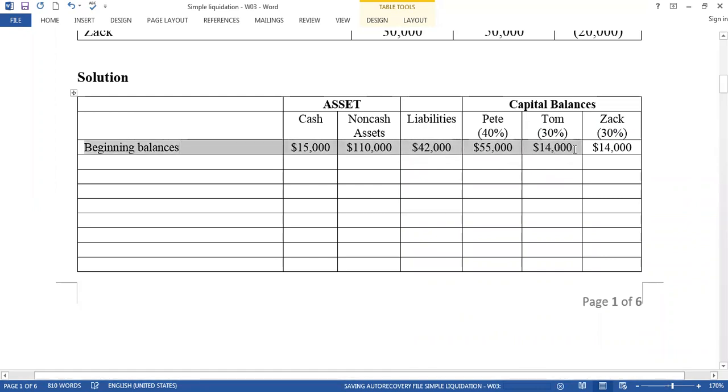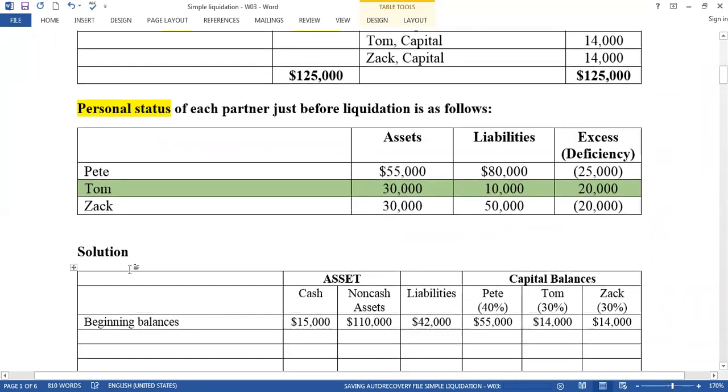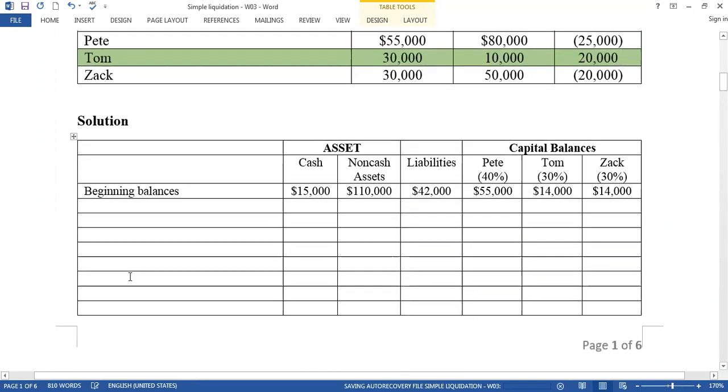We just copy and paste from the question, right? And as we are talking about liquidation, it means the business is going to close. Can you guess what should be the ending balance of all these accounts? 0.